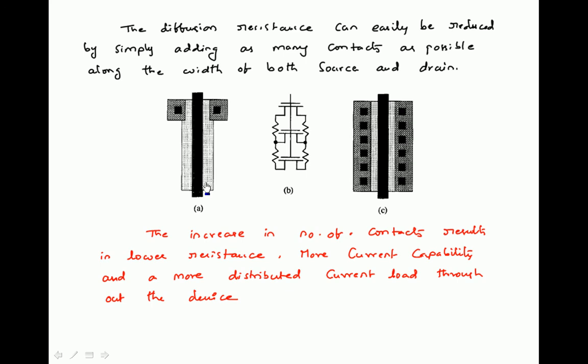Otherwise there is a slight change in the current at the contact area and at other places. So the increase in the number of contacts results in lower resistance, more current capability, and more distributed current load throughout the device. This is the first technique to improve layout.